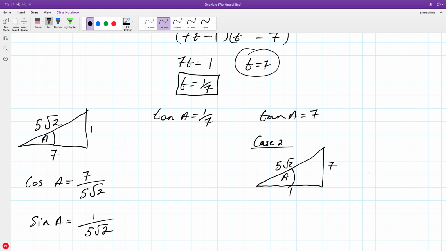Five root 2. So then the cos of A is 1 over 5 root 2, and the tan of A, no, sine of A, we have tan of A already, the sine of A is 7 over 5 root 2.